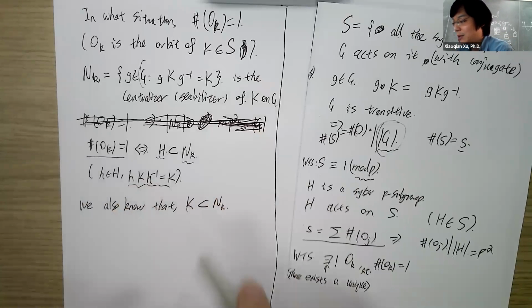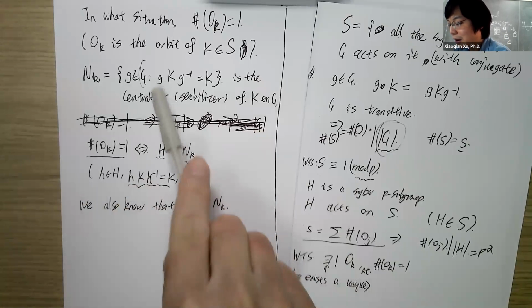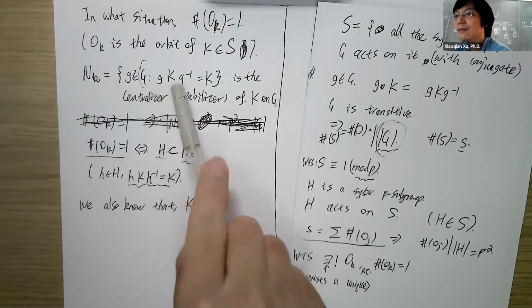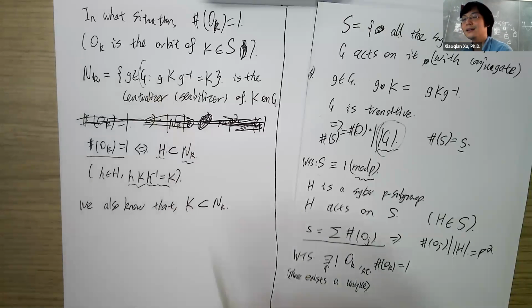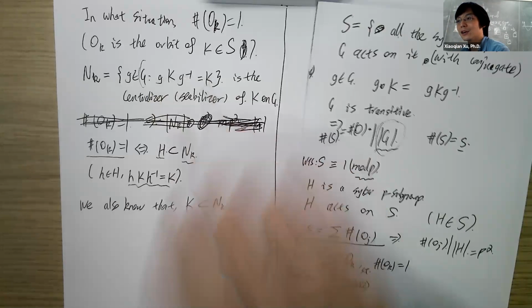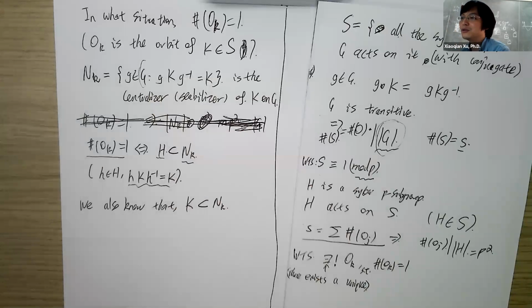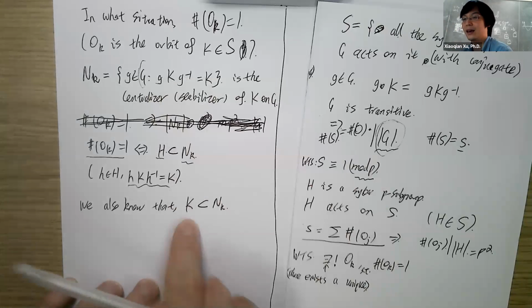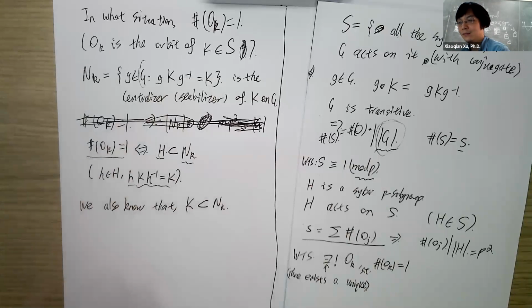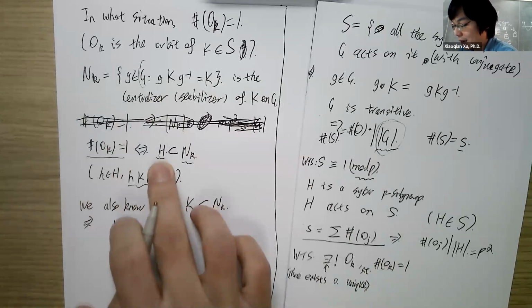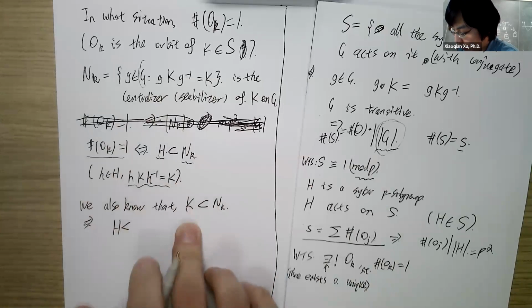Because whatever element is in K, if you use this element to multiply K and multiply by this element's inverse, you still get K, right? You will not lose any element by using the elements in K to act on K, right? So that means H is actually a subgroup, as K is also a subgroup of Nk.